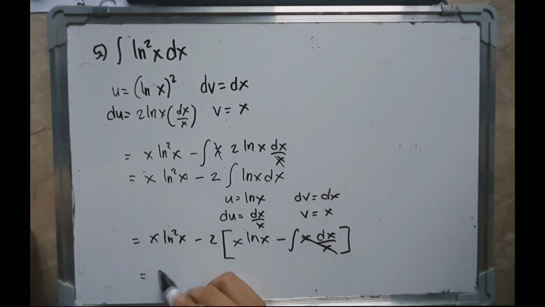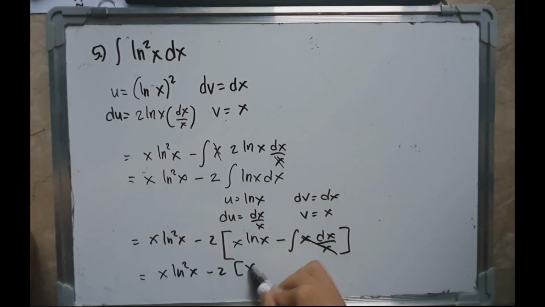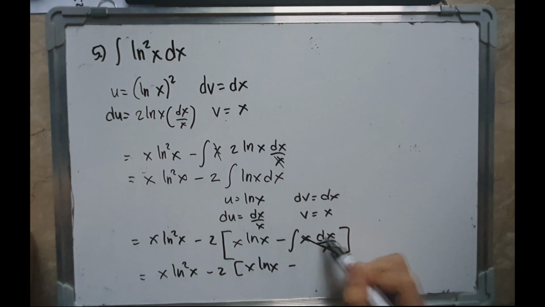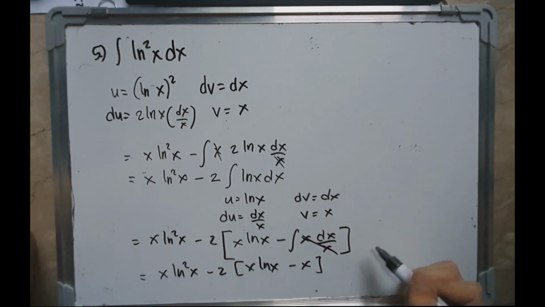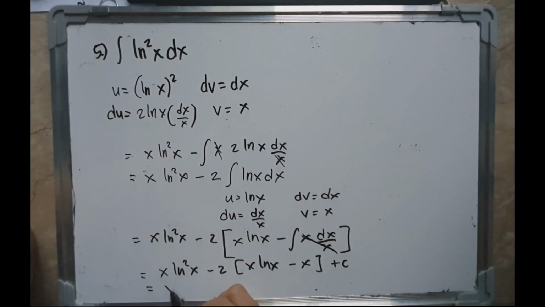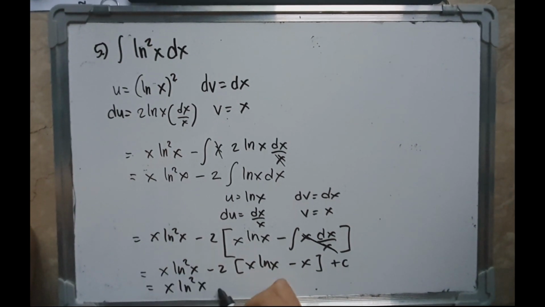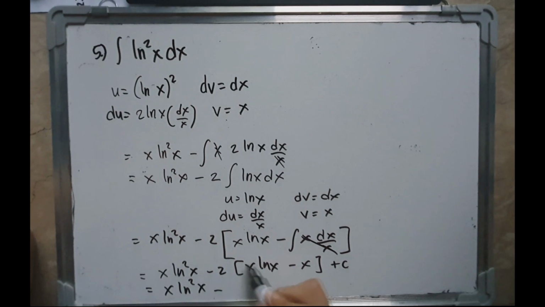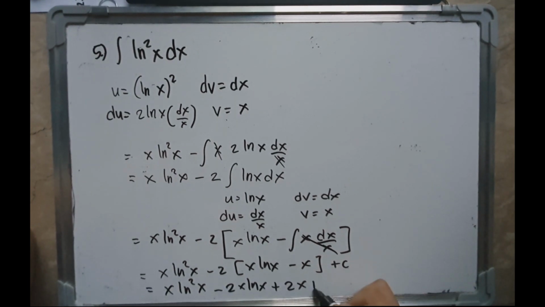We now have x ln squared x minus 2 times x ln x minus the integral of dx, that is x. Let's see. Final answer will be x ln squared x, distributing the negative 2, minus 2x ln x plus 2x plus c.